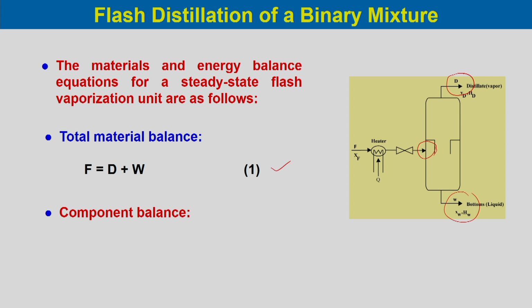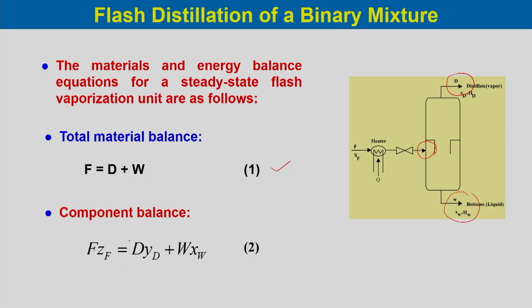Now, if we do the component balance, so component we have A over here, which is the more volatile component. Having the total flow rate F and its composition of the more volatile component is ZF.